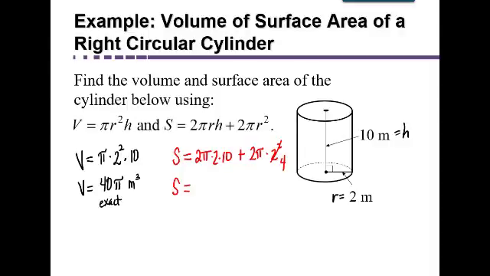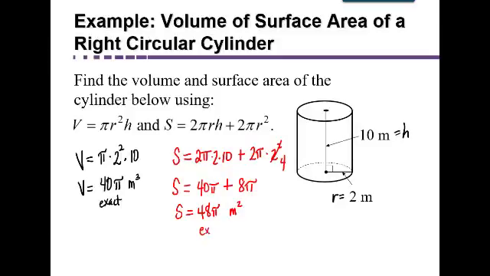So we're going to have 2 times 2 times 10 is 40 pi, plus 4 times 2 is 8 pi. Treat the pi like it was an x. So 40 pi plus 8 pi is just adding the coefficients, 48 pi. And then what are the units on surface area? The units in any area are square units, so this one would be meters squared.